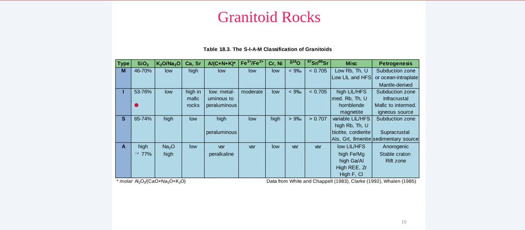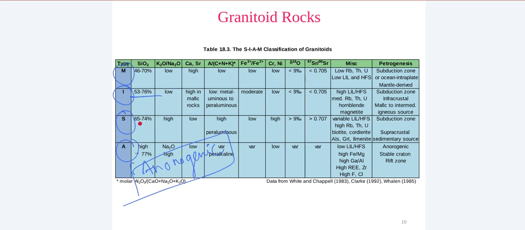If you want to remember, just remember like I type means igneous, S type means sedimentary, M type is mantle, A type means anorogenic. So generally you know granites are associated with orogenic belts, but A type is anorogenic in nature.